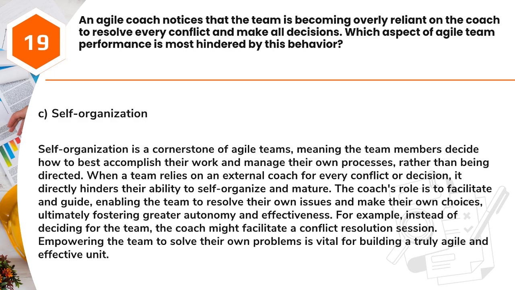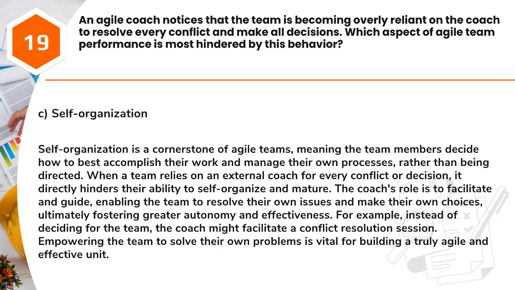Answer: C. Self-organization. Self-organization is a cornerstone of Agile teams, meaning the team members decide how to best accomplish their work and manage their own processes, rather than being directed. When a team relies on an external coach for every conflict or decision, it directly hinders their ability to self-organize and mature.